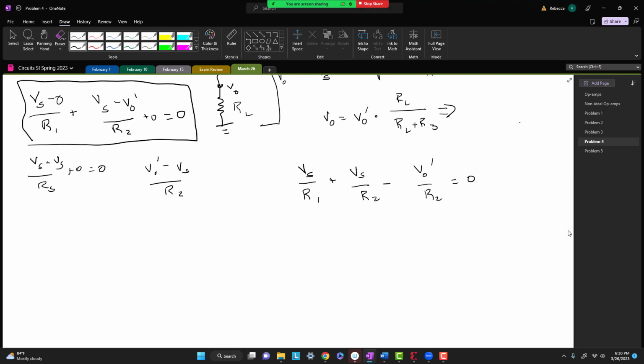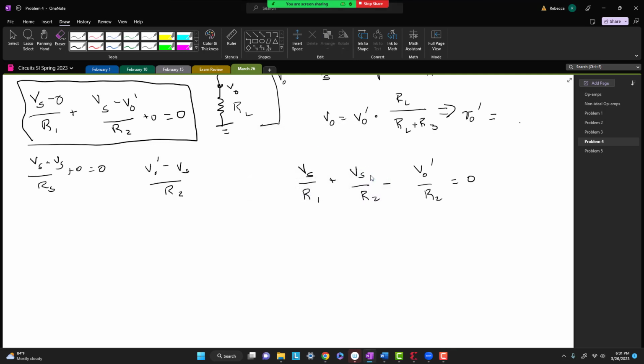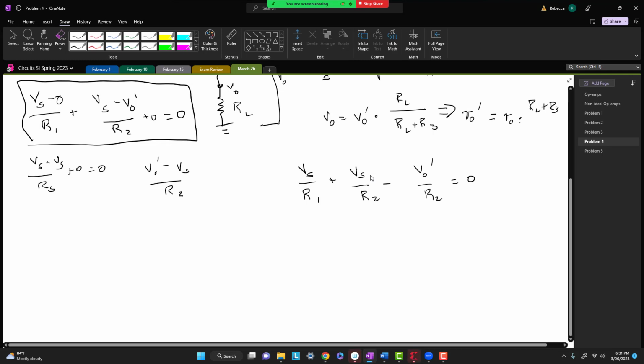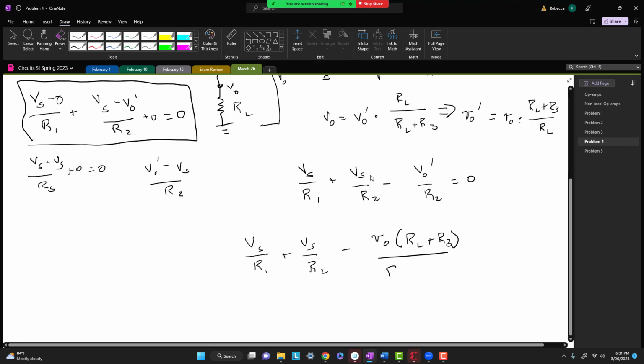So this tells me that VO prime equals VO times RL plus R3 over RL. So I can plug that in for VO prime. So VS over R1 plus VS over R2 minus VO times RL plus R3 over RL. So that's this part right here. And then I also have this R2 right there.